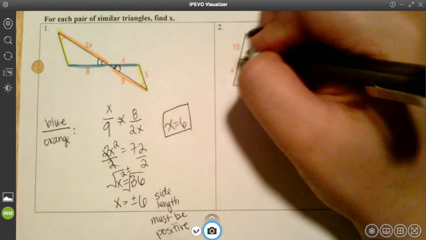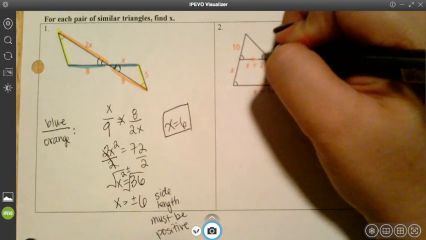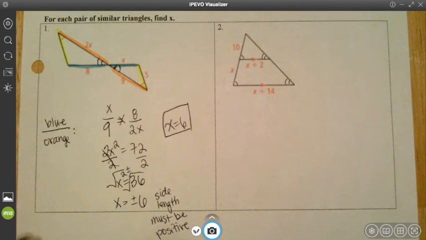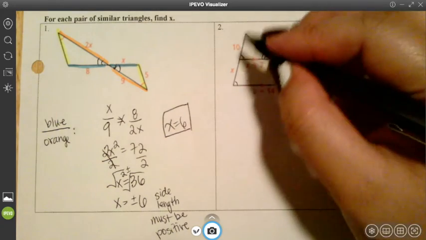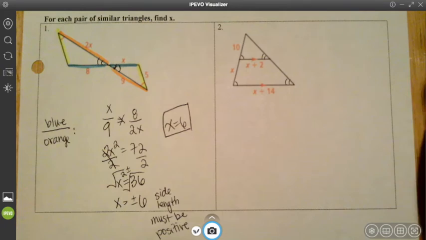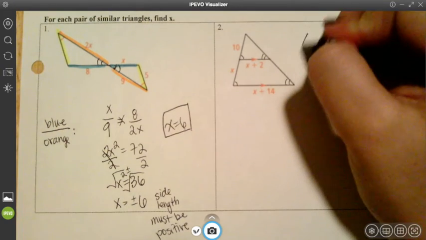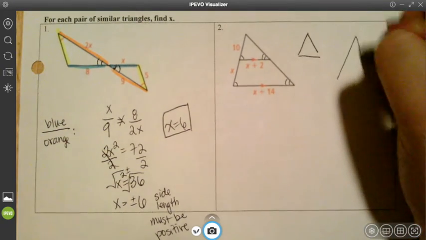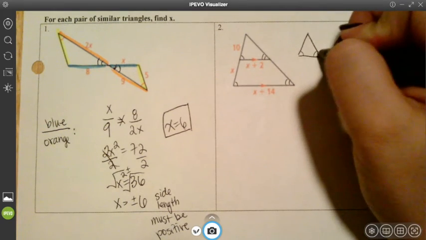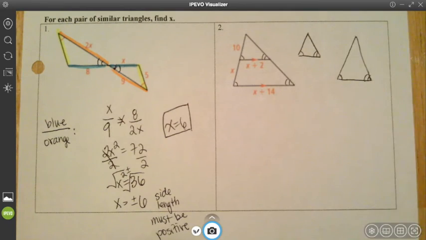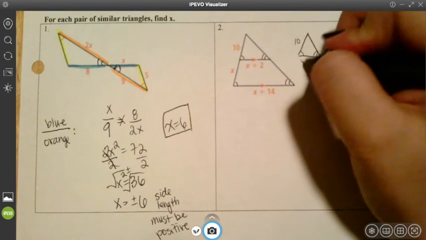And our second example here, we have parallel lines, so we have corresponding angles there. Because of the way this is set up, I'm going to be looking at different side lengths from within the same segment, and so I'm going to redraw this with my two triangles. 1, 2, 1, 2. Small triangle, I've got 10, x plus 2.